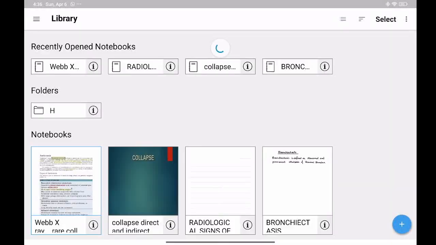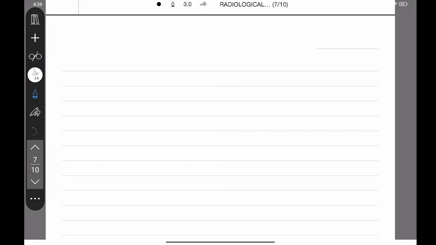Because, point number 1, oxygen is absorbed quickly. Point number 2, there is no nitrogen to keep alveoli open.